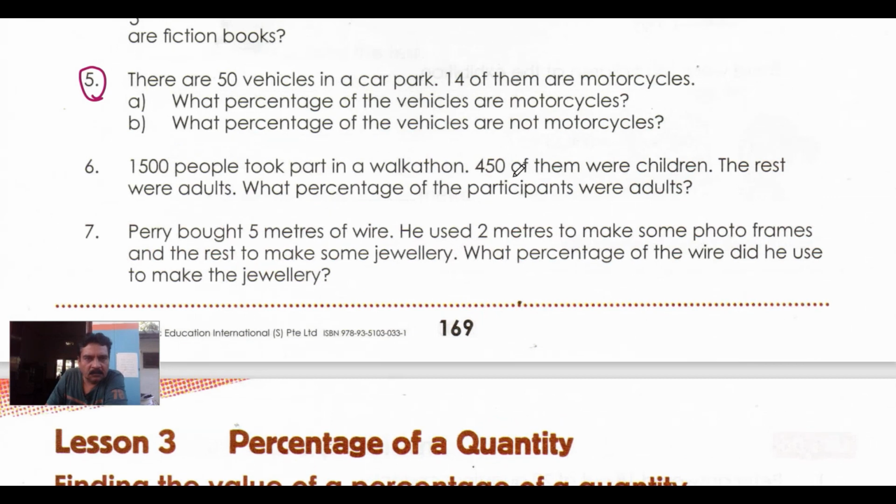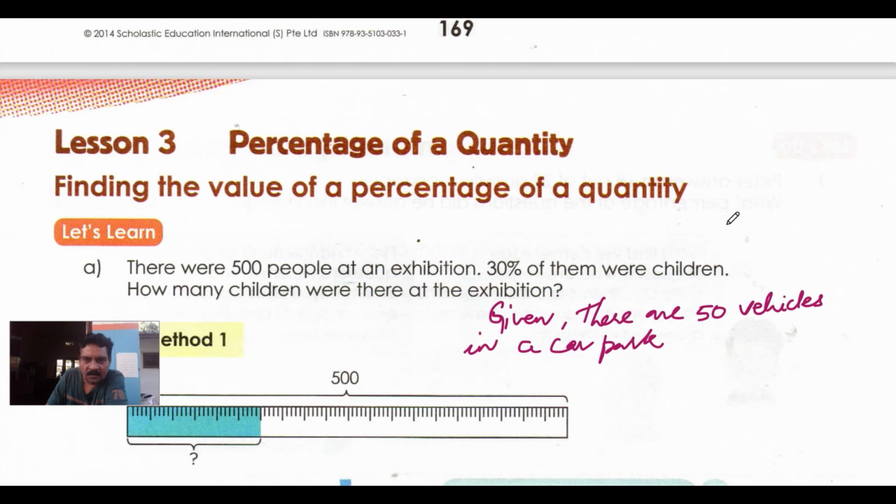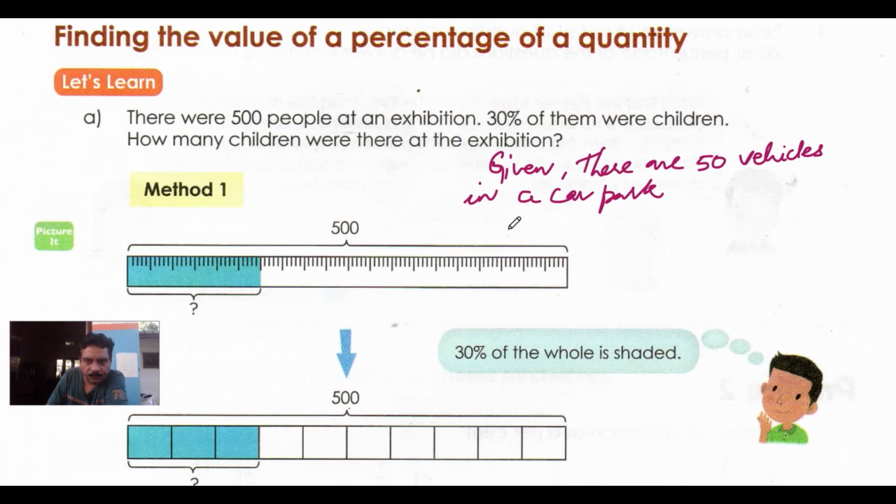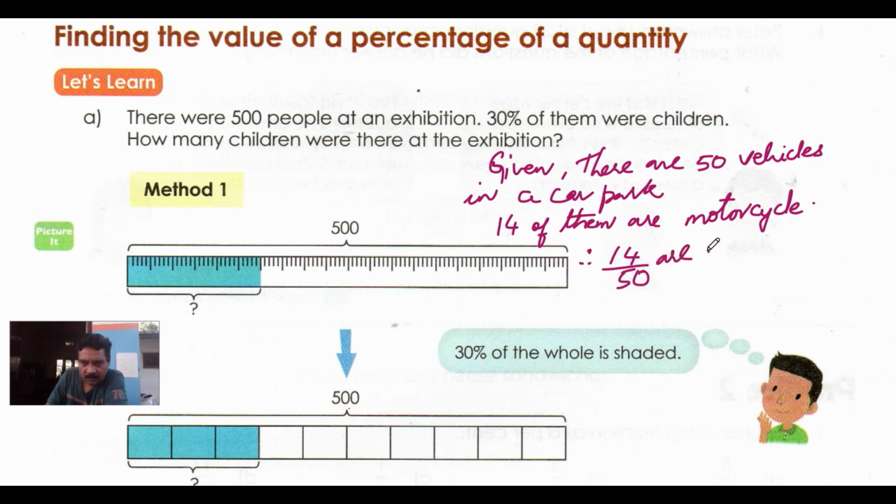Now 14 of them are motorcycles. Therefore, we can say 14 out of 50 vehicles are motorcycles.